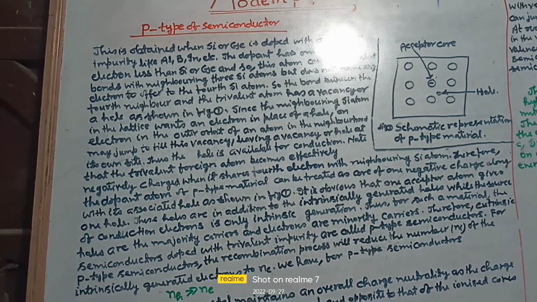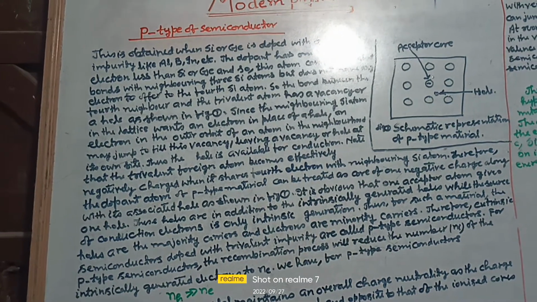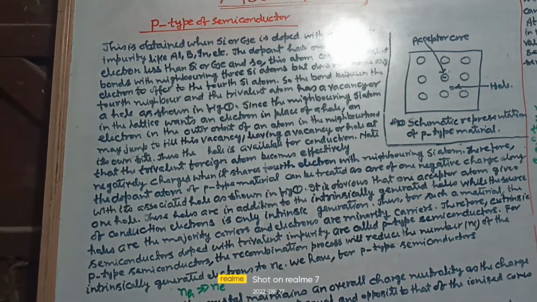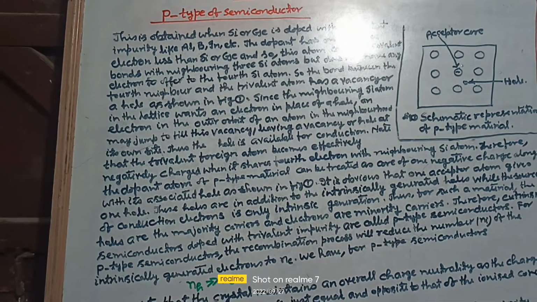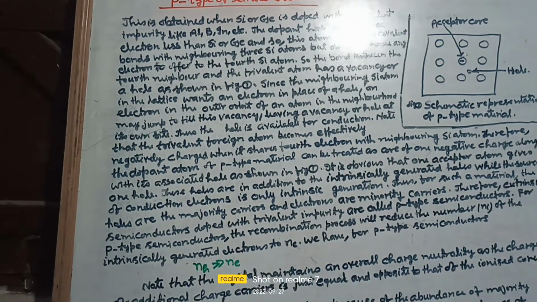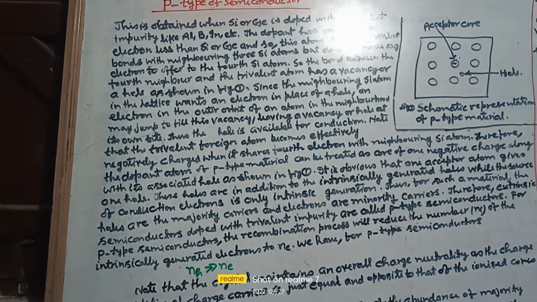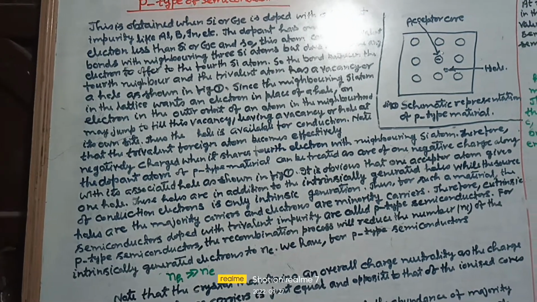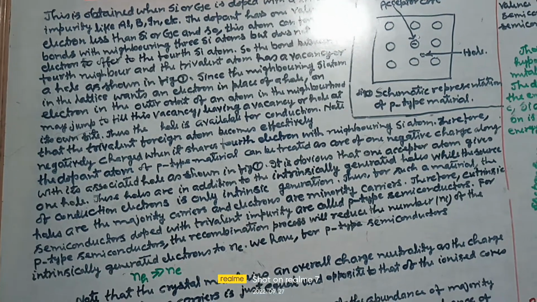Note that the trivalent atom becomes effectively negatively charged when it shares 4 electrons with neighboring silicon atoms.